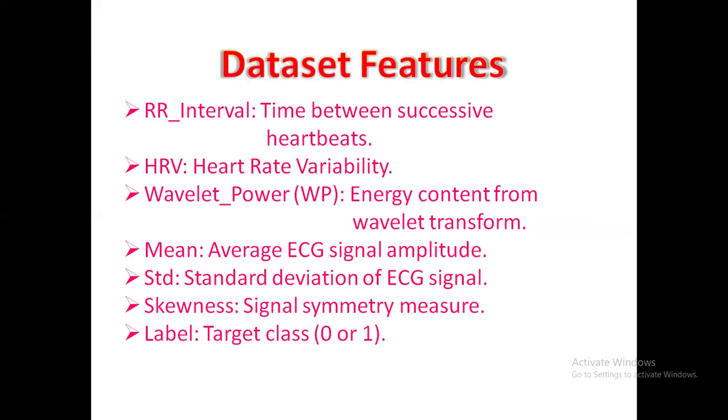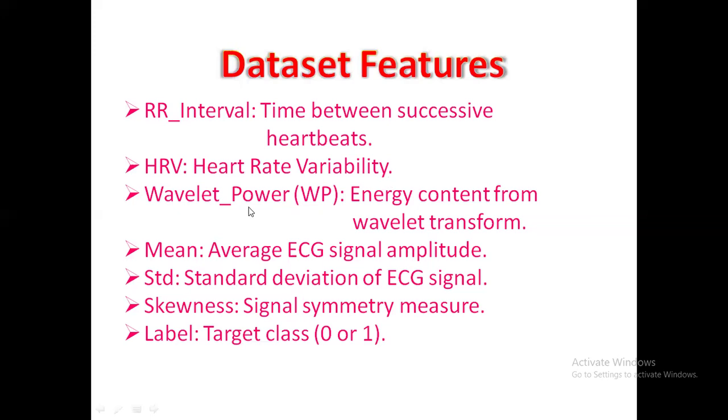A high HRV generally indicates a healthy autonomic nervous system and good cardiovascular fitness, whereas a low HRV is often associated with stress, fatigue, or cardiovascular risk. HRV is a key non-invasive marker used in both clinical and wearable health monitoring.